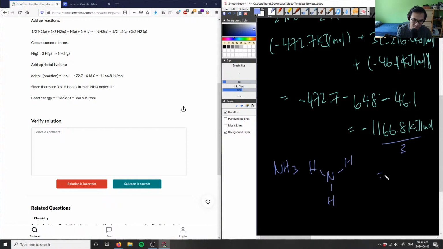So I have the answer divided by 3, which is going to be negative 388.9, exactly what their solution has as well. This should be a negative here, 388.9 kilojoules per mole. So this solution is indeed correct.